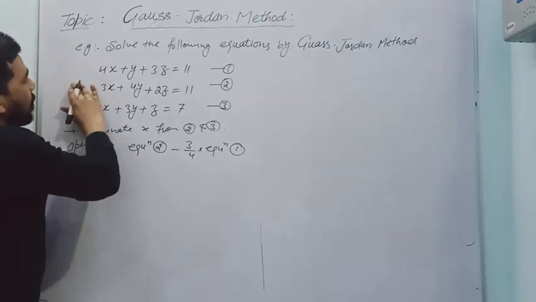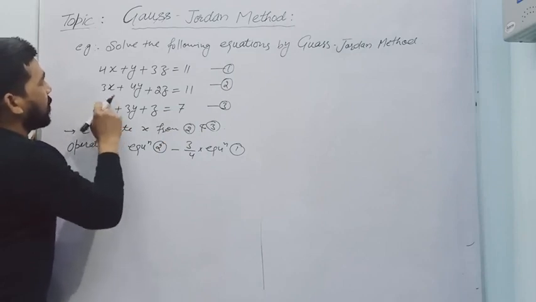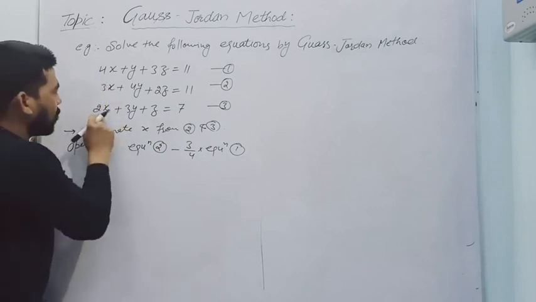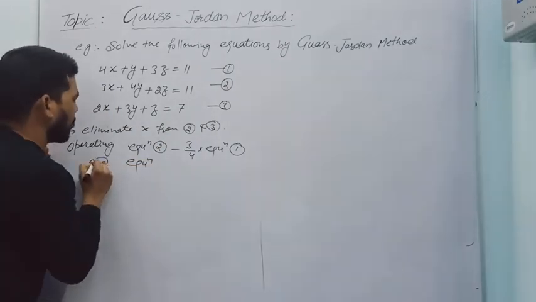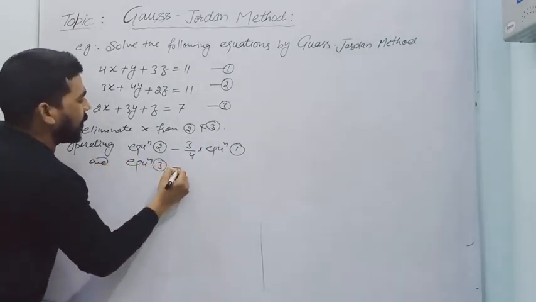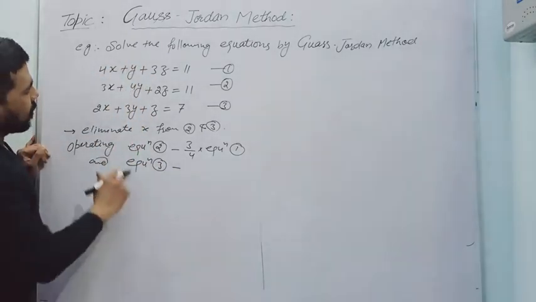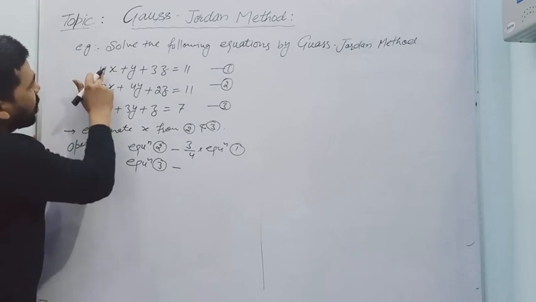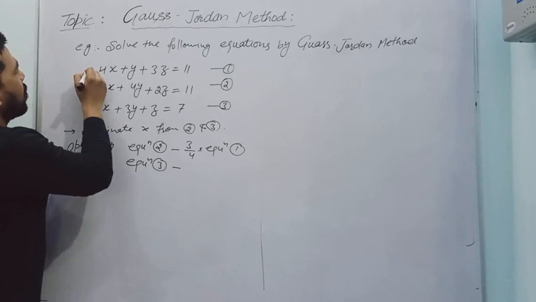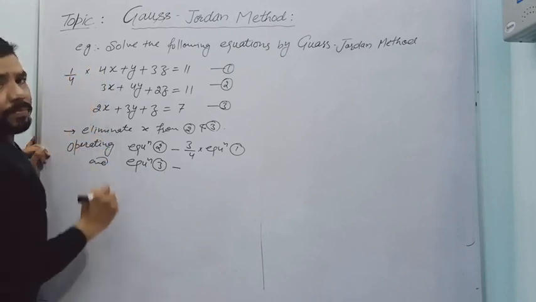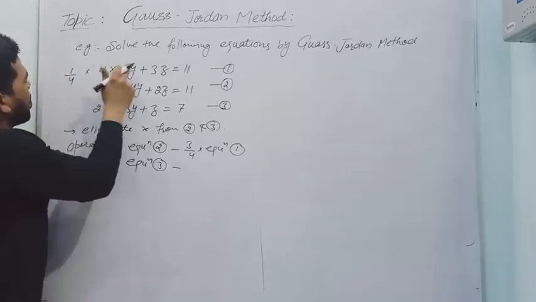After that, from the equation number 3 you have to eliminate x by using the equation 1. So how to eliminate this one? We are doing the operation, equation number 3 minus, by which number you have to multiply the equation number 1? We want 2, so that means 4 shouldn't be there, so you will say divide the equation by 4, and we want 2, so that means multiply the equation by 2.